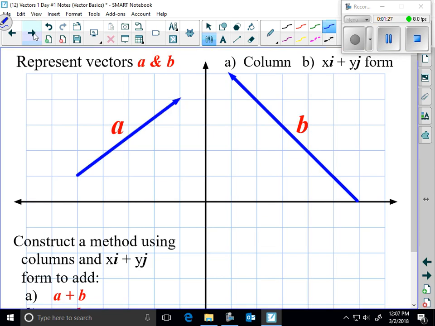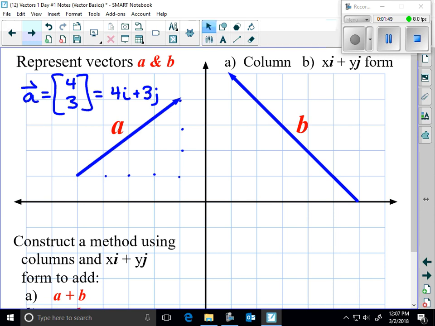Okay, so here's an example. Here's vector A. Vector A moves 1, 2, 3, 4 units to the right, and 1, 2, 3 units up. So that's one way to write vector A. Another way to write vector A would be 4i plus 3j. Vector B moves 1, 2, 3, 4, 5 units to the left and 5 units up.